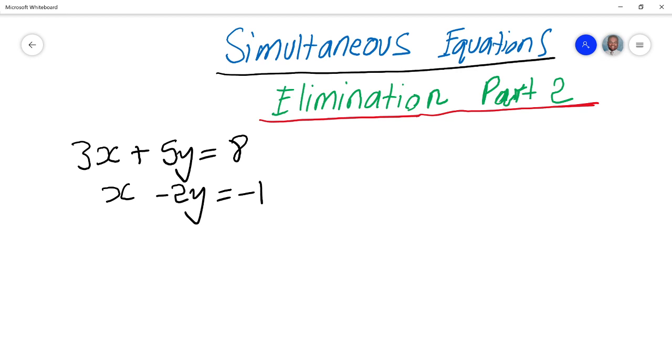I will label this as equation 1, which is 3x plus 5y equals 8, and this as equation 2, which is x minus 2y equals negative 1. Now I can see I've got 3x and x, so I can multiply equation 2 by 3.